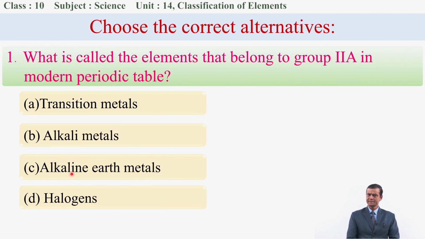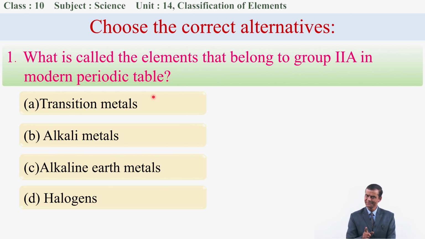Now, let's practice some multiple choice questions. Choose the correct alternatives from the given. Here are some of the questions given. You have to choose the correct alternative. The first question is, what is called the element that belong to group IIA, group 2A in modern periodic table?